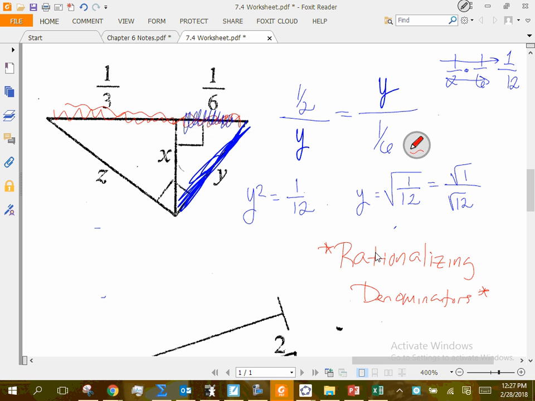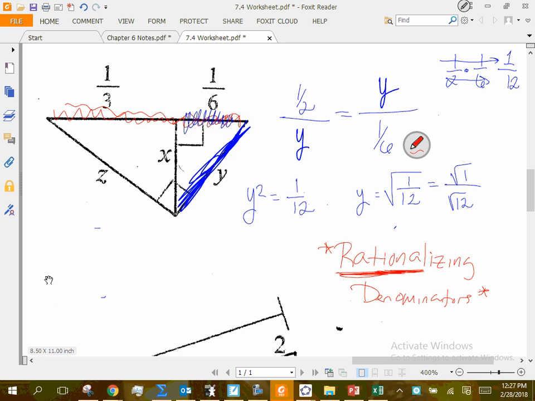So rationalizing the denominators here, the key word here is rational. Okay? Basically what it means is you're taking this number with the square root of 12, which is an irrational number, right? Meaning that its decimal does not repeat and it does not end. We're going to do some work here that turns it into a number in which it does terminate or it does repeat.